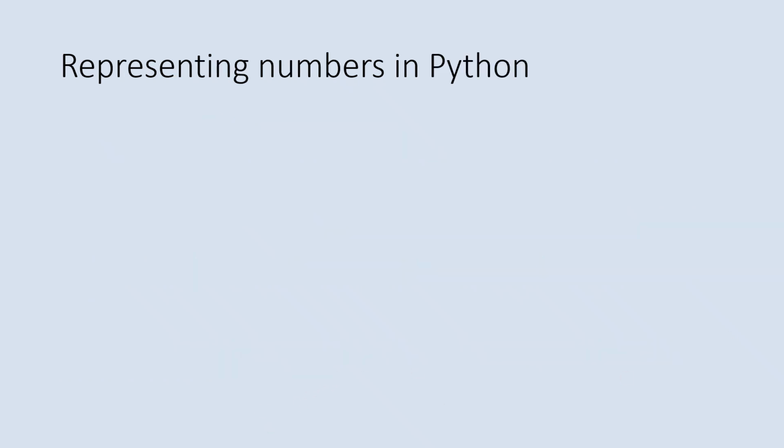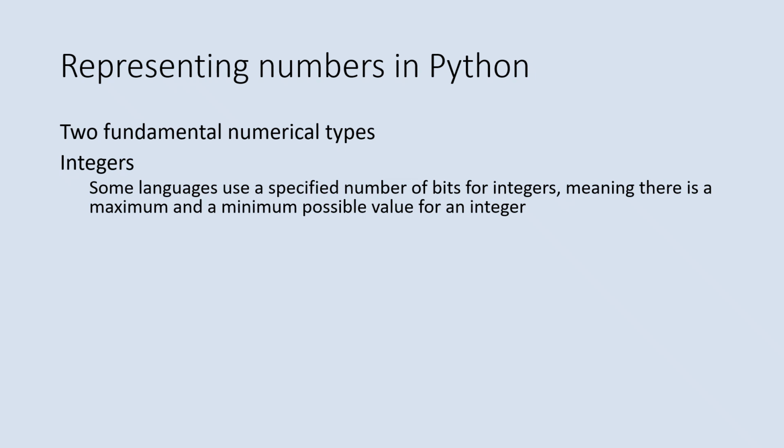So when we want to represent numbers in Python, we have the two fundamental number types in Python. We have the integers, and the integers in some programming languages have a specified number of bits, and so there's a minimum and a maximum possible value for an integer.